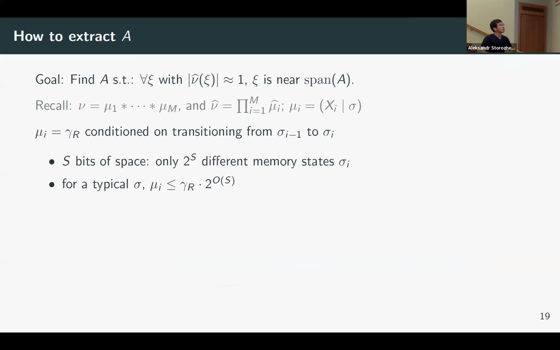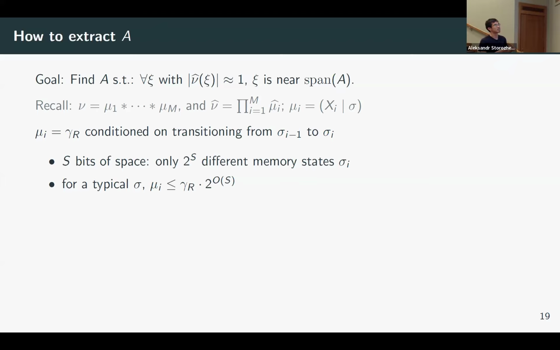Okay, so next, in the last 2 slides, I'll show you how to exactly extract A. One thing to note here is that if we are given a streaming algorithm with very little space, S space, then there are only 2^S different memory states sigma_i.